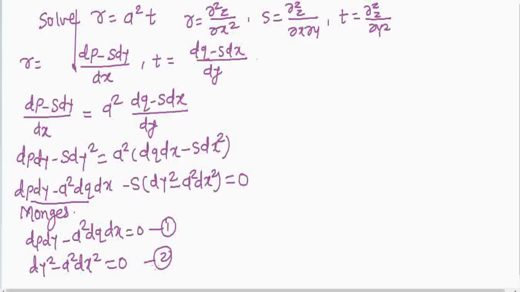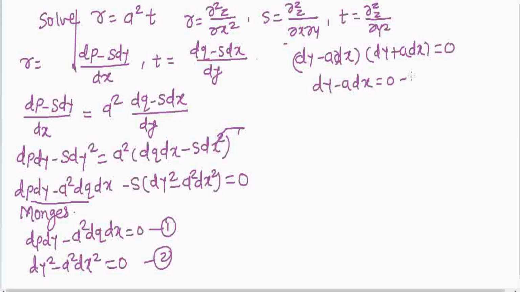Now from equation number 2 we easily have the value dy minus a into dx, this is the first factor, and the second factor dy plus a into dx is equal to 0. So we have dy minus a dx equal to 0, equation number 3, and dy plus a dx equal to 0, equation number 4.